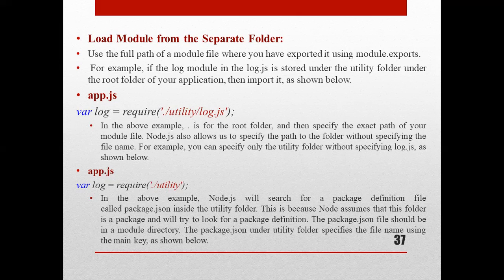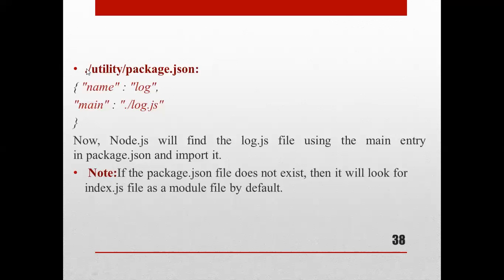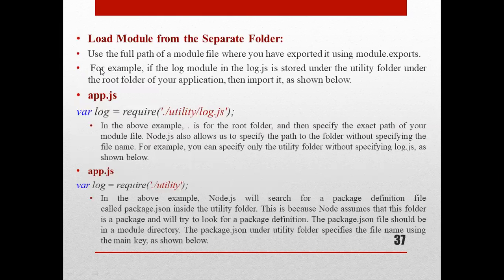Suppose the log.js module is in the utility folder. Now if we specify in the require function only dot slash utility folder, that means Node.js will consider this folder as a package.